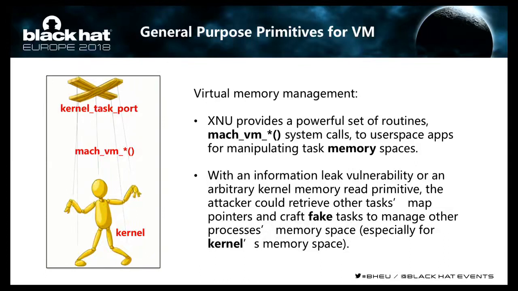Note that Mach VM-related system calls require the target process's task port as an argument. In general, a process only has the privilege to get its own task and memory space. However, with an information leak vulnerability or an arbitrary kernel memory read primitive, the attacker could retrieve other task map pointers and craft fake tasks to manage other processes' memory space, especially the kernel memory space.